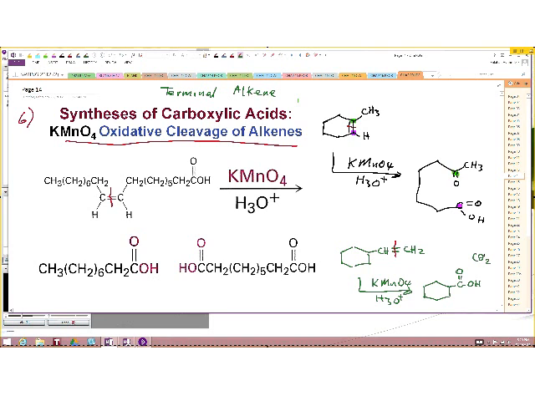Okay, so so far we have given you 6 different methods for making carboxylic acid. So at this point, we want to go to the reactions of nitriles and carboxylic acids. Keep in mind, before we left on Tuesday, I gave you 3 methods for making nitriles, and now I have given you 6 methods for making carboxylic acid.